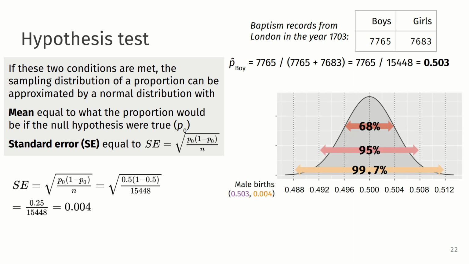And here's our little normal distribution here. But now, what we're looking for is how extreme our observed proportion, 0.503, is relative to what we would expect to see if the null hypothesis were true.